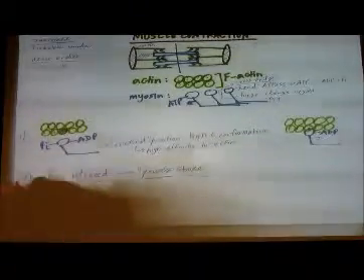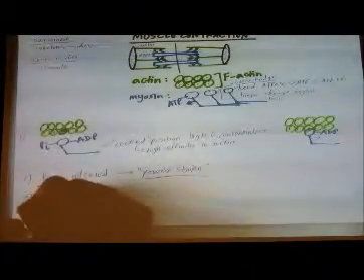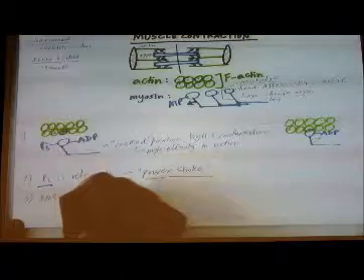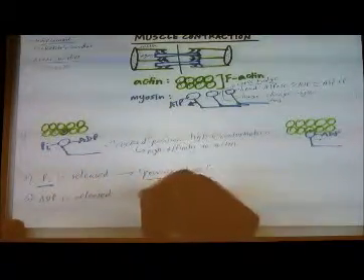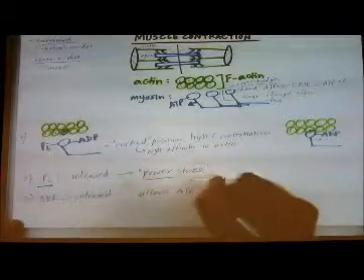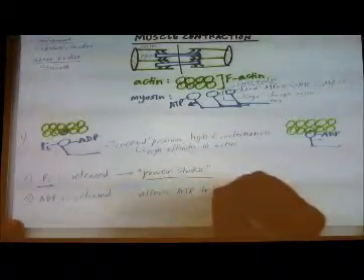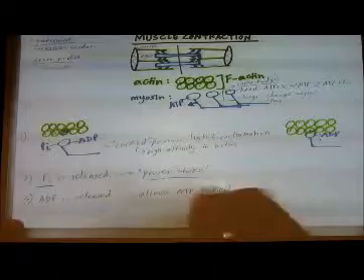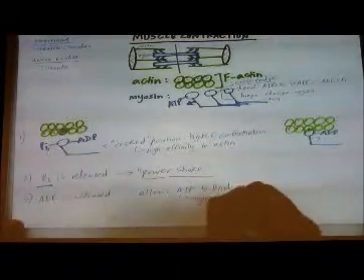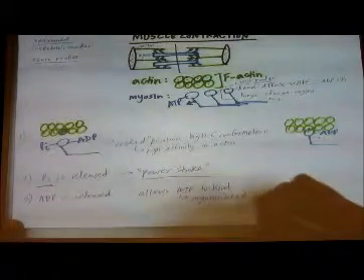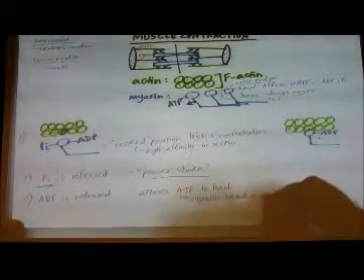Then the next step, the ADP is released. And this allows ATP to come in and take its place and bind to the myosin head. And this is important because this allows the myosin head to let go from the actin.